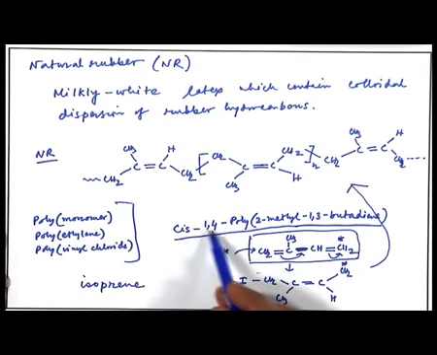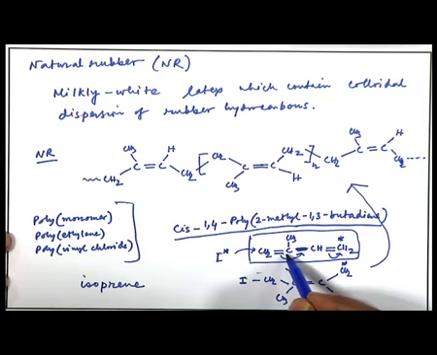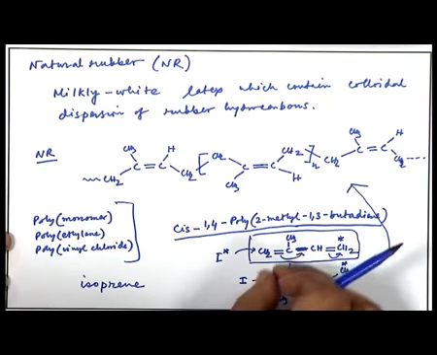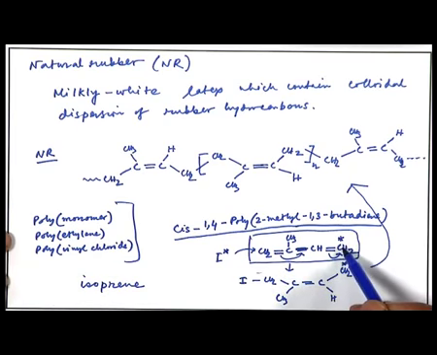I hope you understood why it is 1,4, because sometimes you can just add here, the active center will be here and you can make a polymer with this. So, that will be a 1,2 addition. You can have the polymer made only using this double bond.